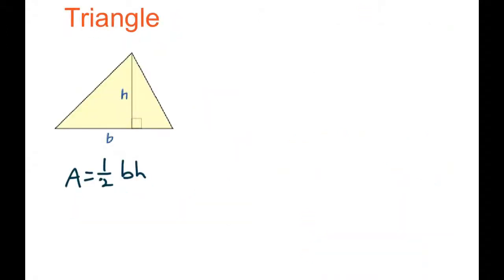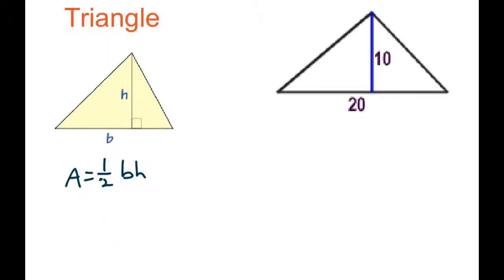Alright, then we have triangles. Triangle area formula, 1/2 base times height. Another way to think of it is the base times the height divided by 2. Alright, so here's our triangle. Area equals 1/2 times the base times the height. Let's substitute numbers in.